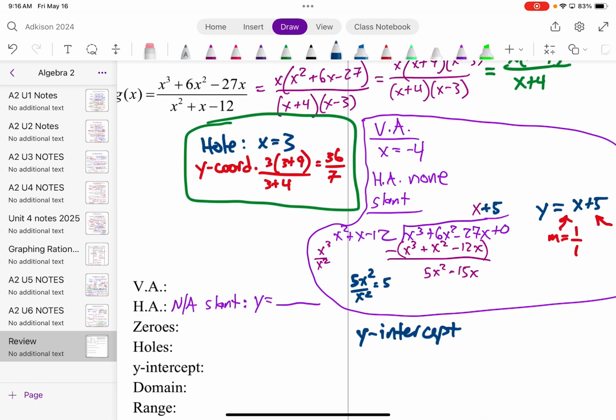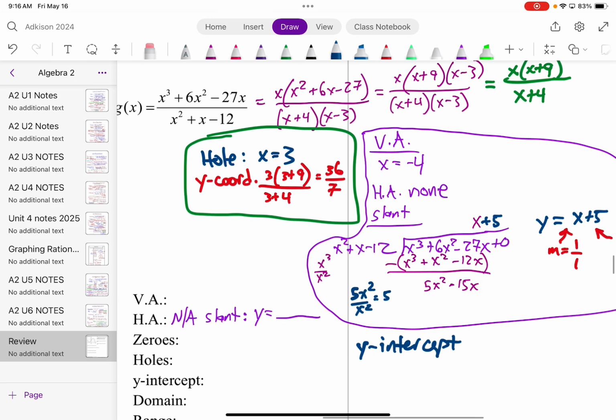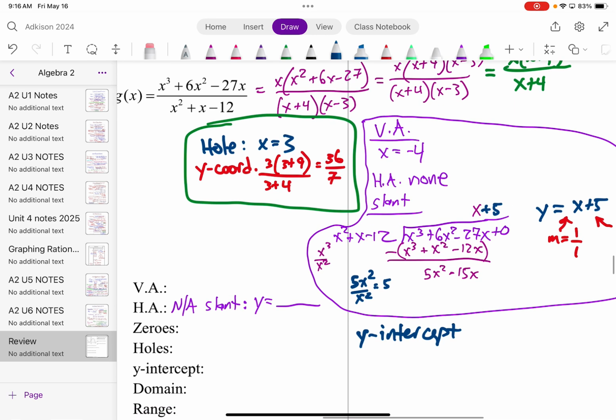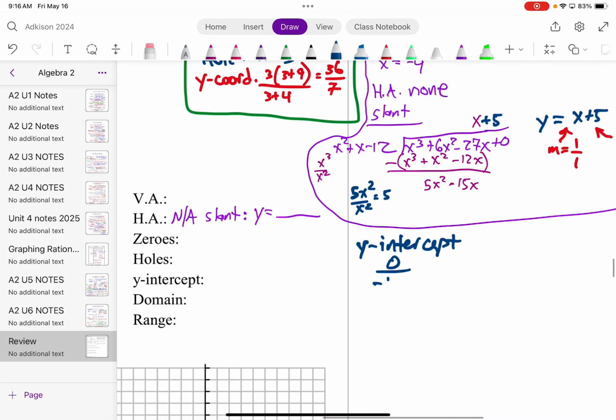You can do it in the original or simplified. I wouldn't do factored just because it's probably more confusing. So original is the easiest. So we get 0 over negative 12, looks like. Oh, okay. I was like, how did I mess up so bad? Okay, now what? X-intercept.